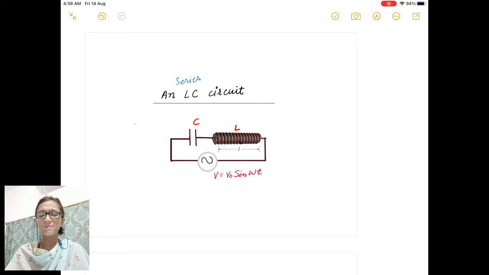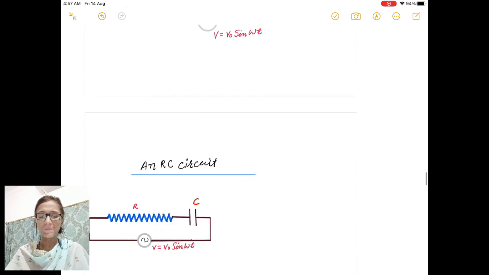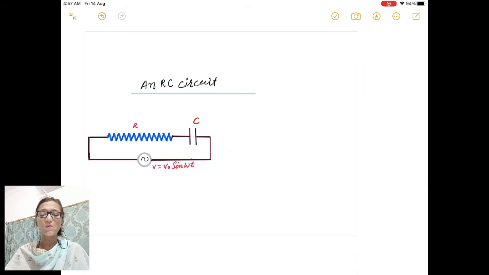Similarly, you have LC circuit. In this circuit, we have connected a capacitor and an inductor. Here you have a RC circuit. A resistor and a capacitor are connected in series with sinusoidal varying alternating voltage.